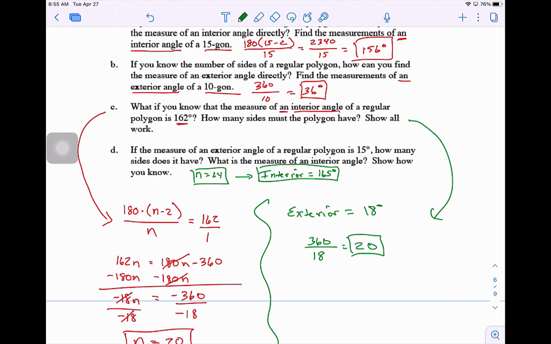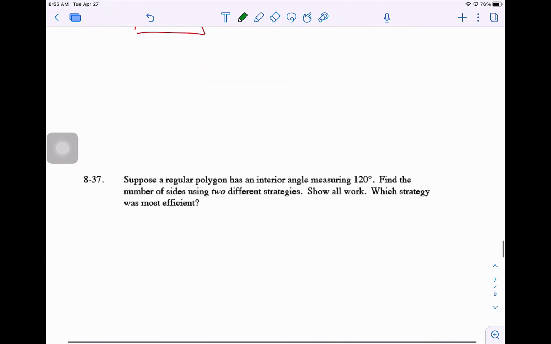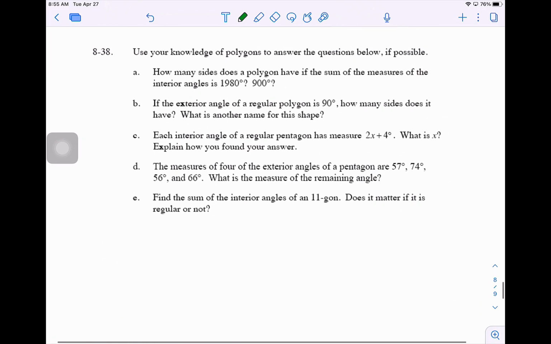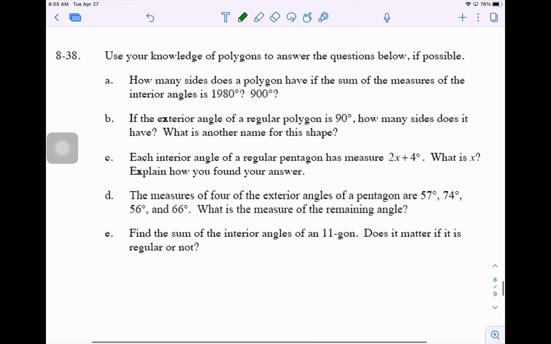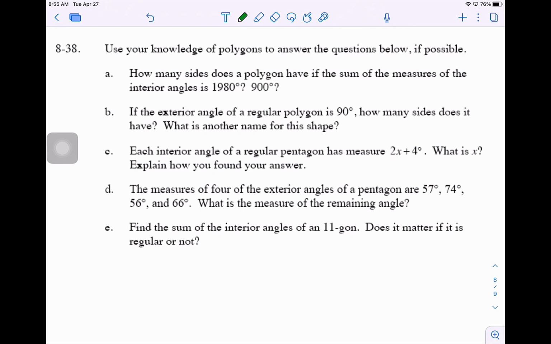Okay, so what I want you to do is go down to that bottom slide, problem 838, and do those 5 problems, A, B, C, D, and E. Again, I'll come around and check answers, and that'll take us to the end of the lesson.